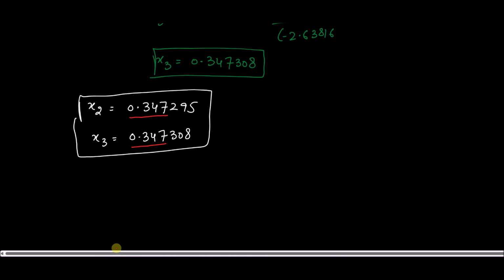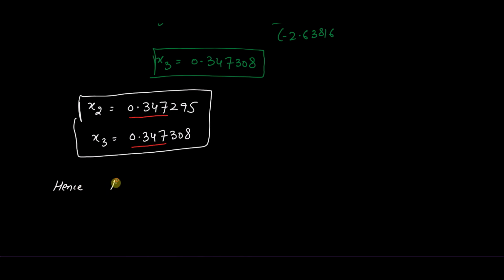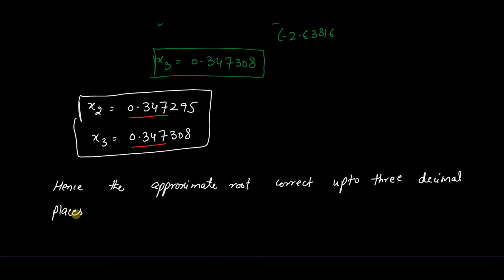So we can finally say that the approximate root, correct up to 3 decimal places, is x equals 0.347.